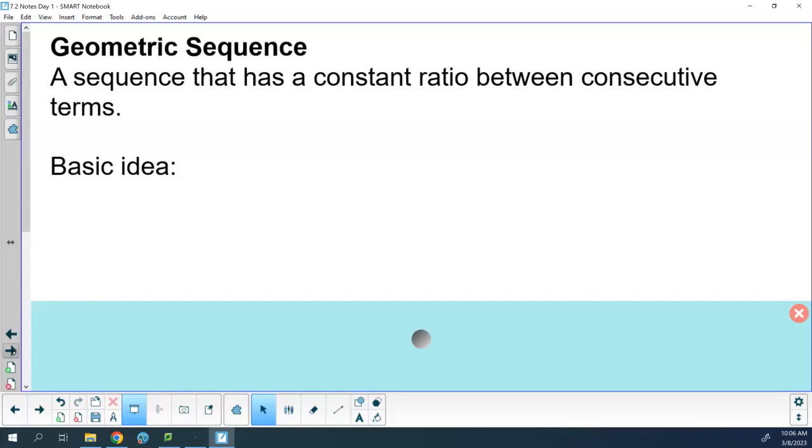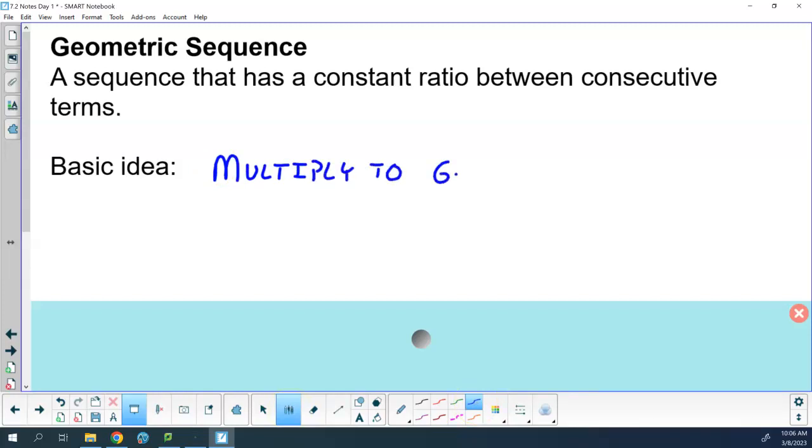The basic idea is we are going to be multiplying to get the next term.